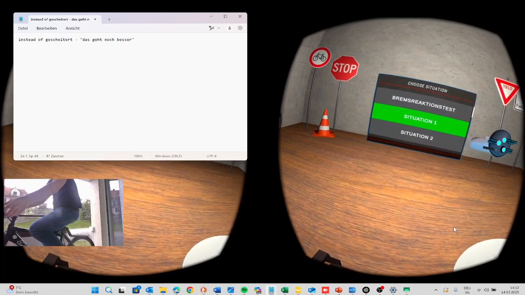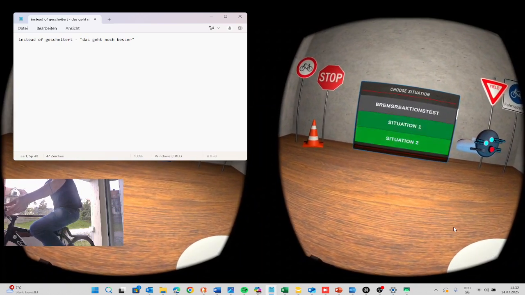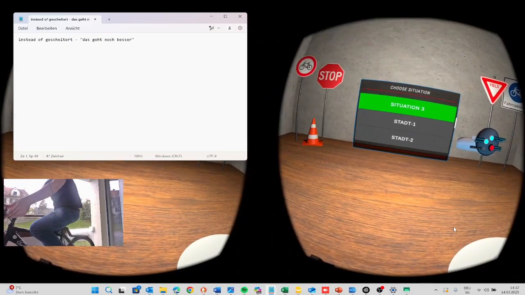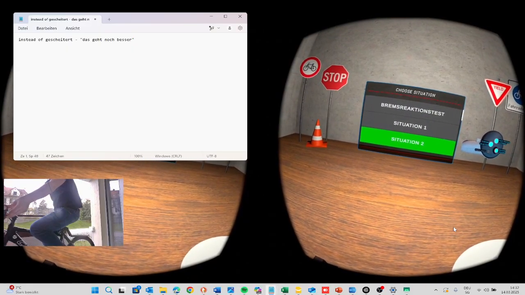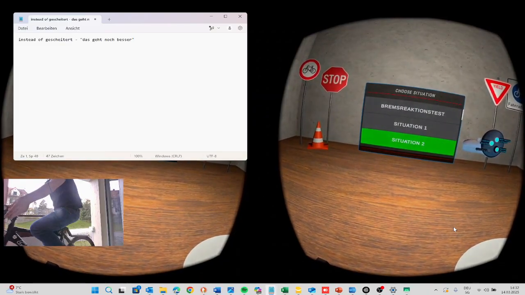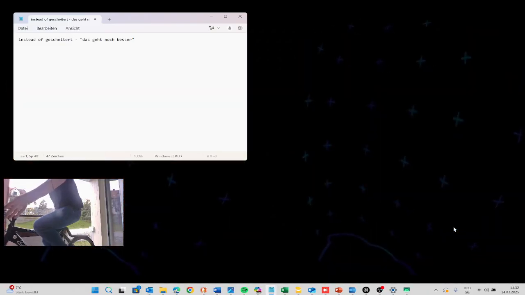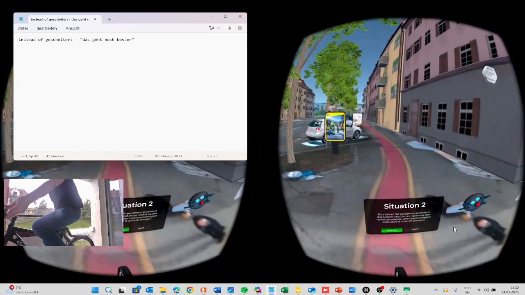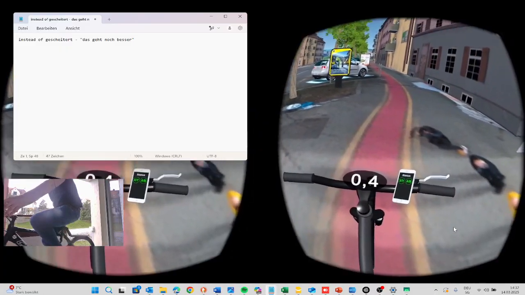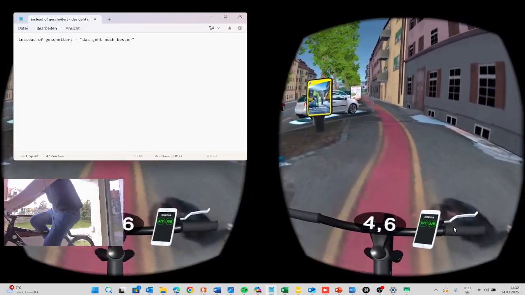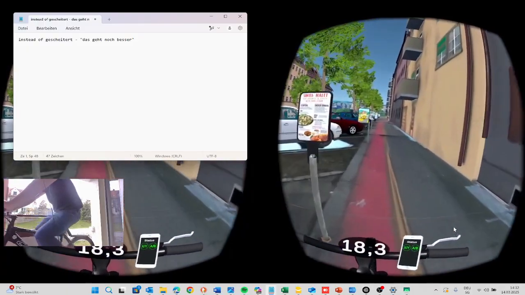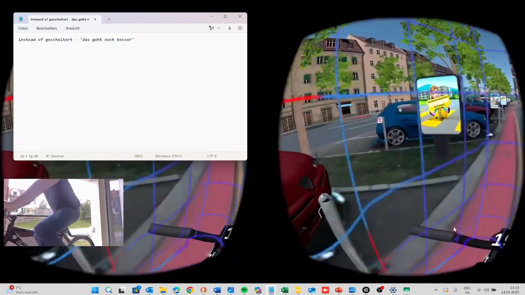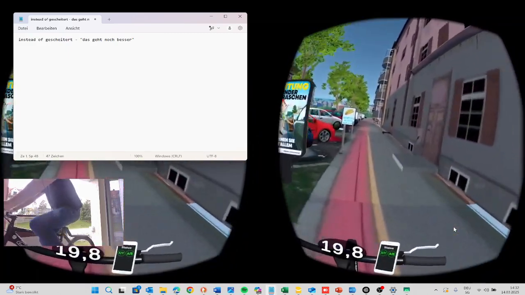So we should start with this reaction brake test. This is good, but at least situation 1 should be at the end, because it doesn't make sense for European. Maybe you can rename it situation 3. Okay, this is weird somehow because the wave is very small. But otherwise it looks fine.